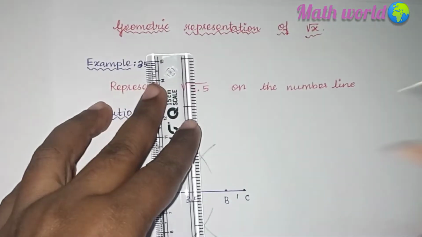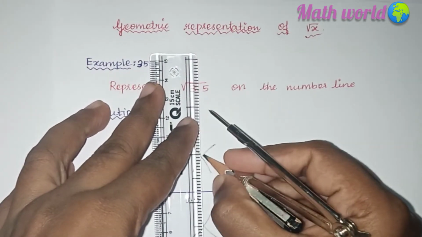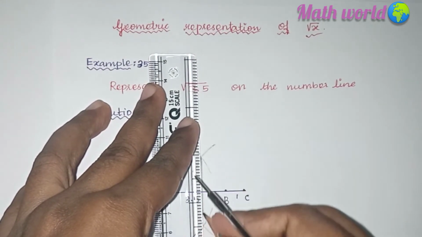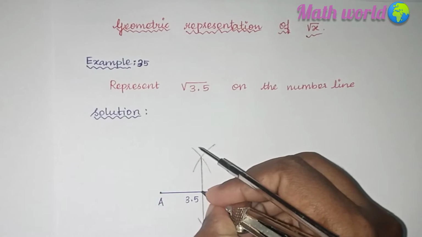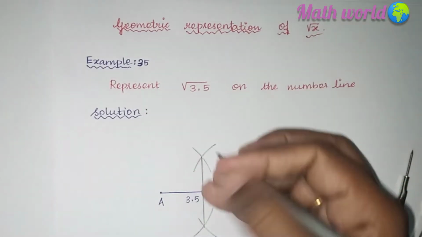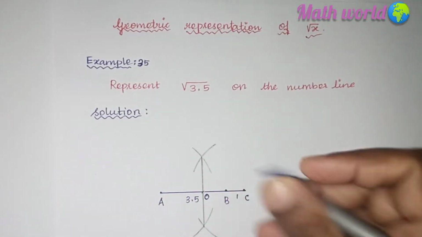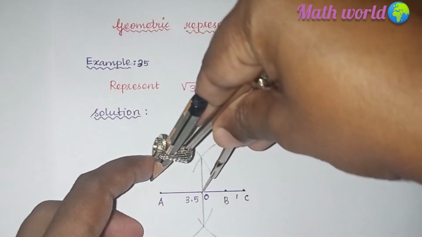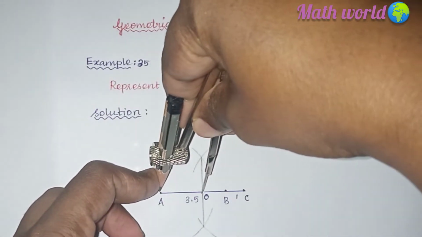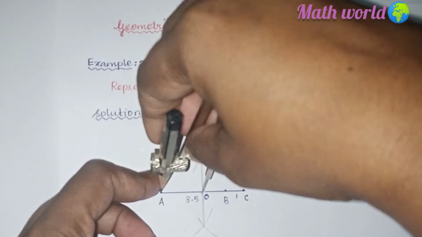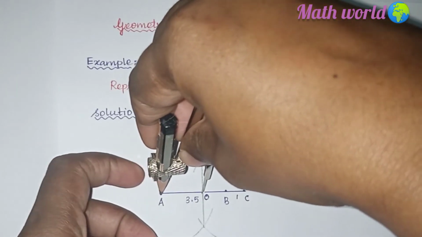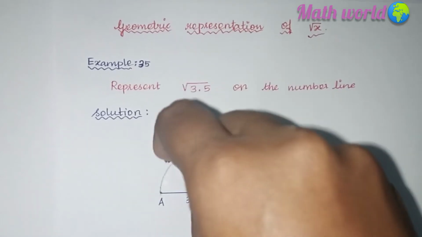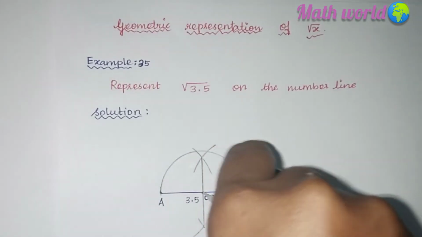They join at one point, and that point is marked as O. Using this length O to A as the radius, I draw a semicircle.